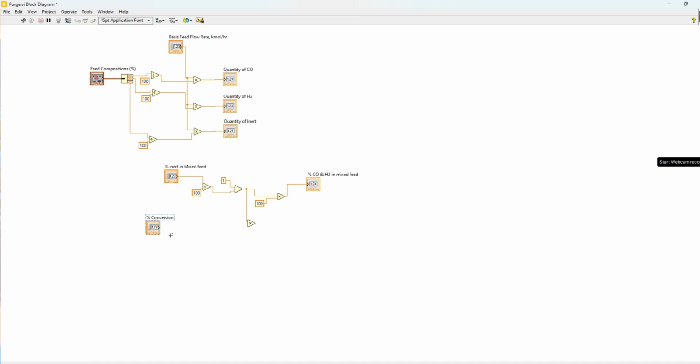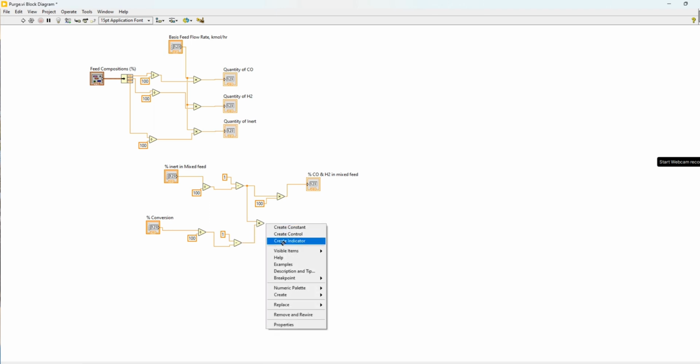This is again, if you see here, this is giving 20, and from here, suppose until this is your unreacted CO and H2.